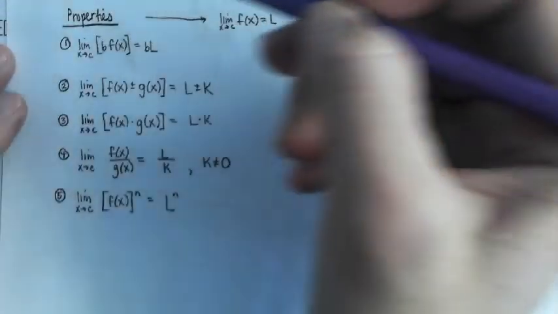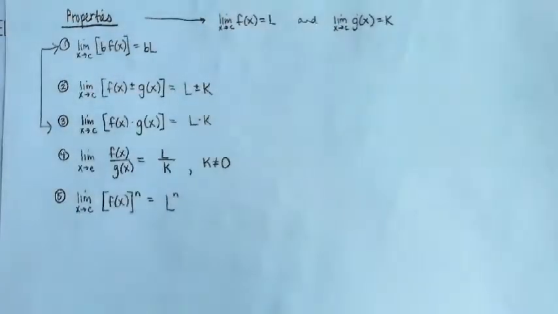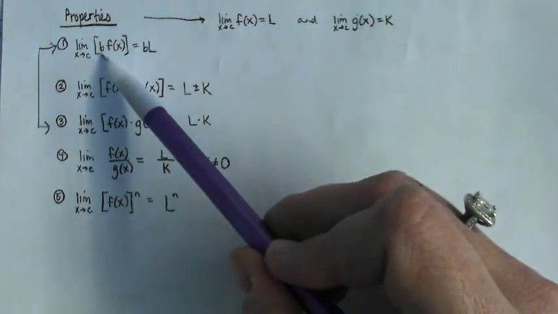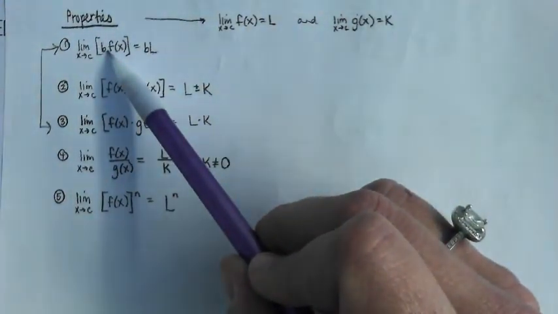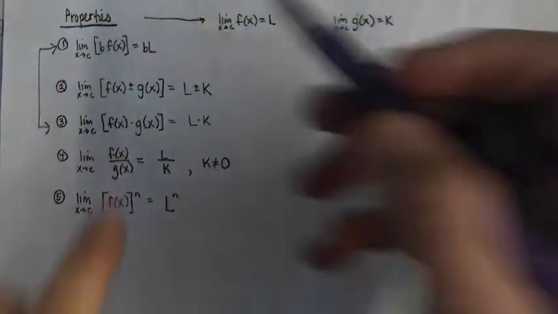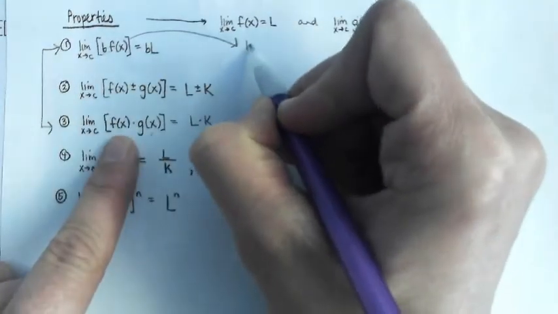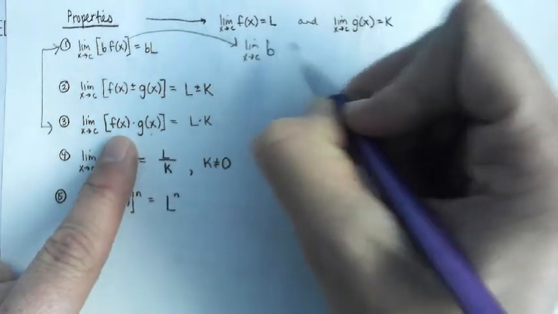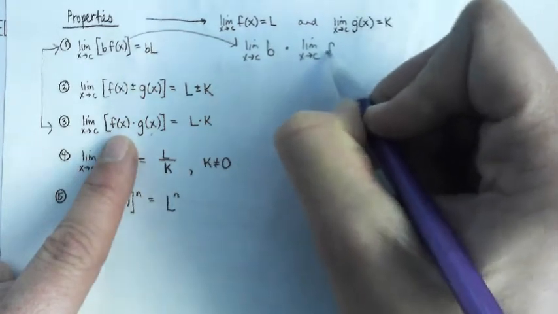You know what just dawned on me? Just a connection I just made that I'll show you. This could be perceived, rather than just thinking of it as the coefficient being brought out in front, as multiplication, right? B times f of x. So according to our multiplication rule, that would be the same thing as the limit as x approaches c of b times the limit as x approaches c of f of x.